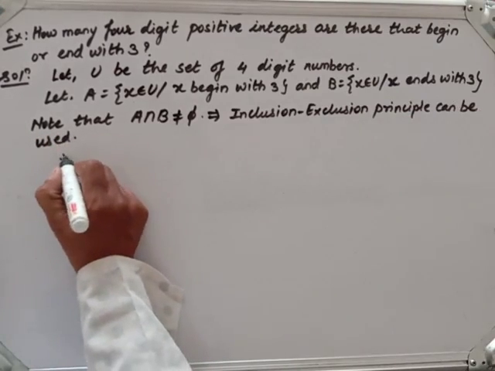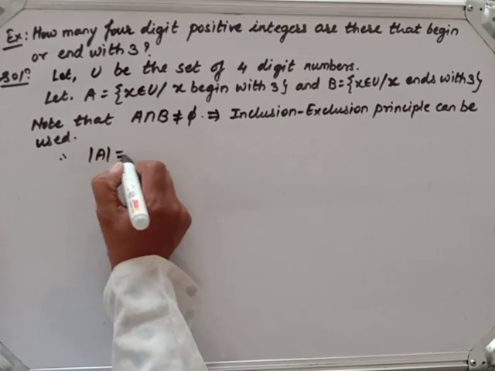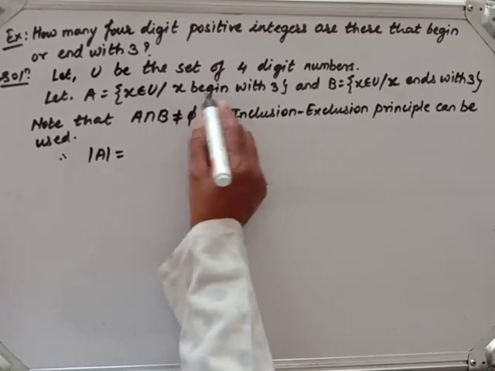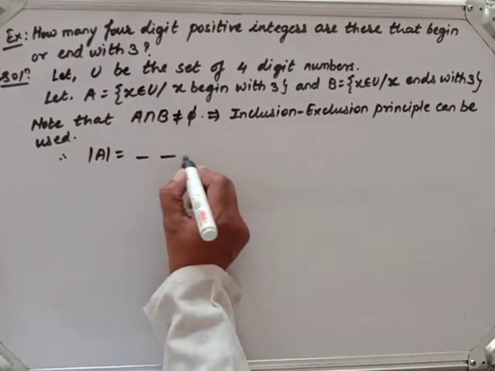So therefore, let us find out the cardinality of A. What A says, it begins with 3, and the 4 places we have to fill up.